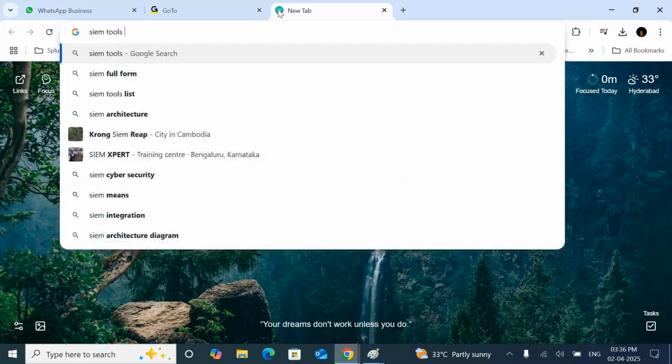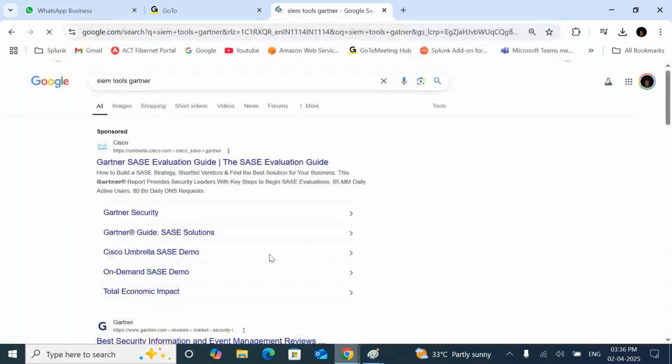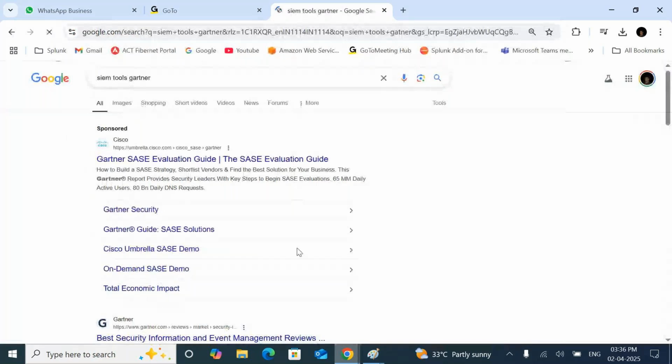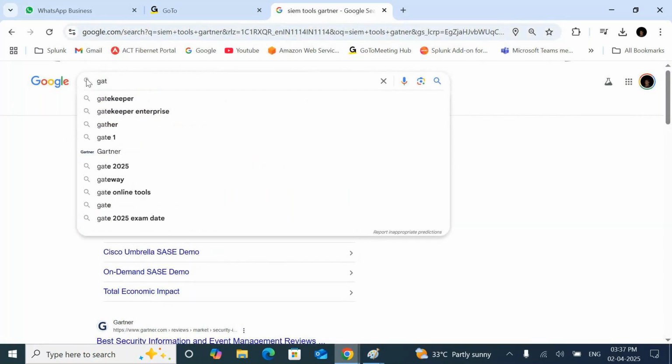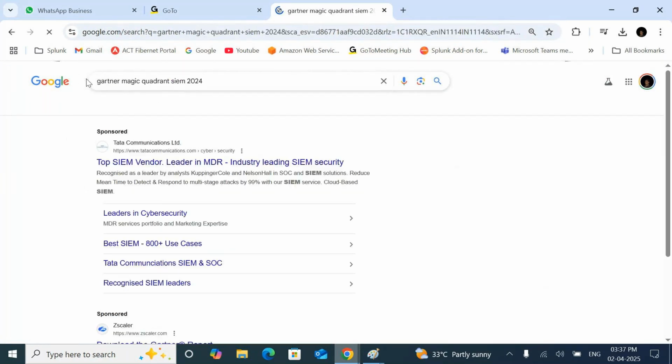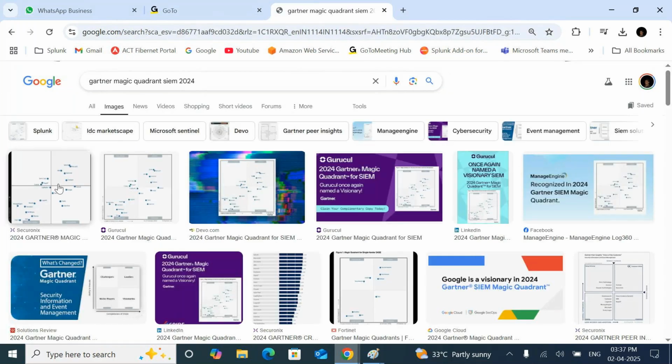You can simply check SIEM tools Gartner. Gartner report on SIEM tools 2024. You can check this.